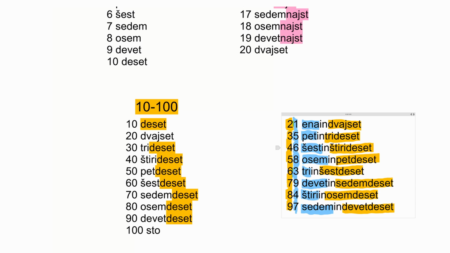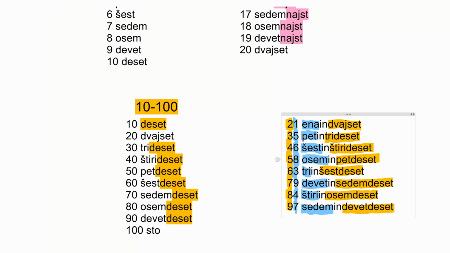Okay, so first we have 40, then we have 6. So 40 and 6. So again, we do the number from 1 to 9 first. So 6 in 40.